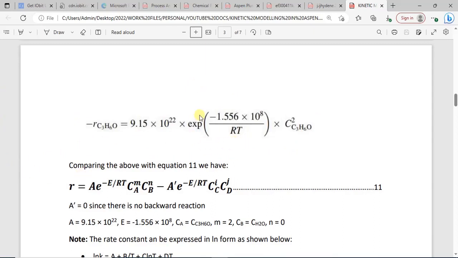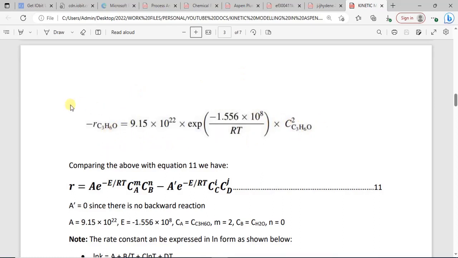For example, in a paper, you can see your rate expression from a research paper as something like this. Like I said, it's an irreversible process, so automatically you don't have a backward rate expression. You just have the forward rate expression. There is no K prime, there is no KB in this particular rate expression, as you can see.